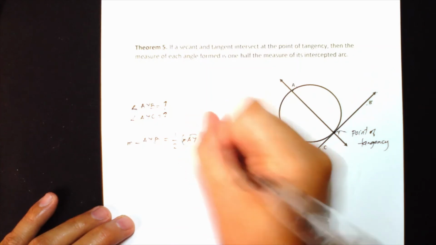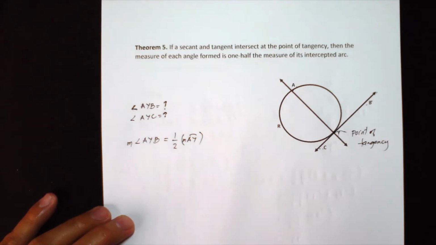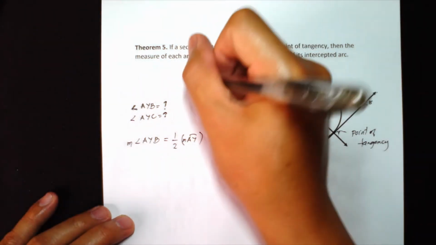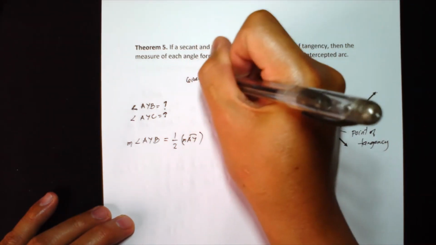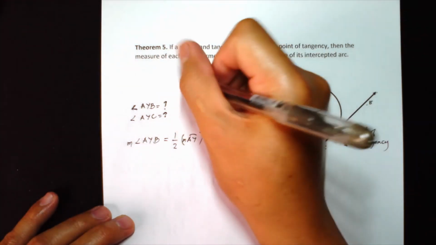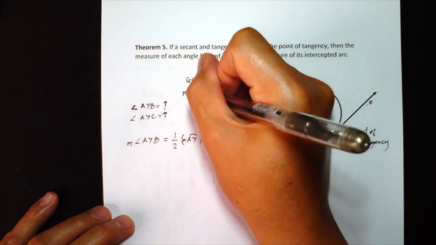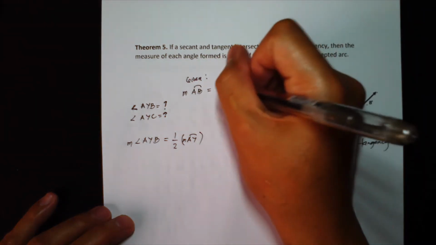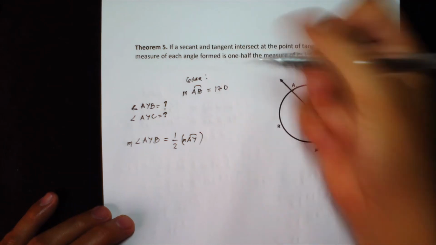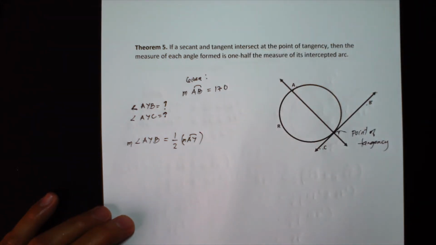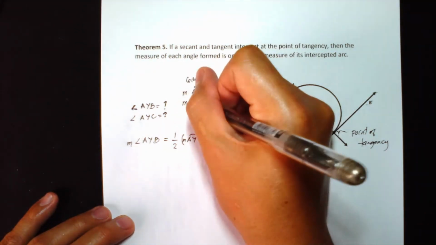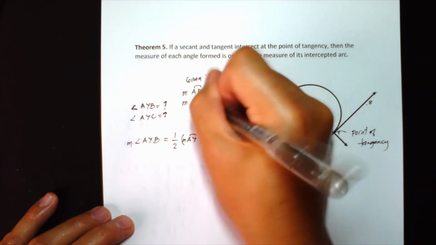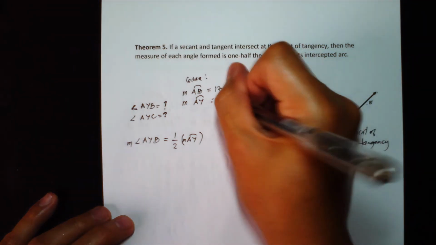Let's have the given first: the measurement of arc AB is equal to 170, and the measurement of arc AY is equal to 190.